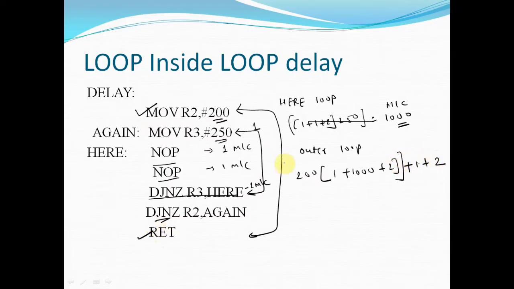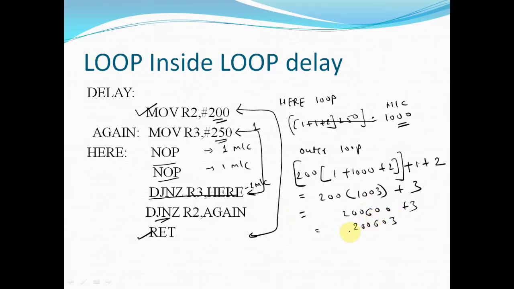So these are the total number of machine cycles to execute this entire delay routine. This calculation comes out to be 200 into 1003, plus 3, which is 200603 machine cycles.